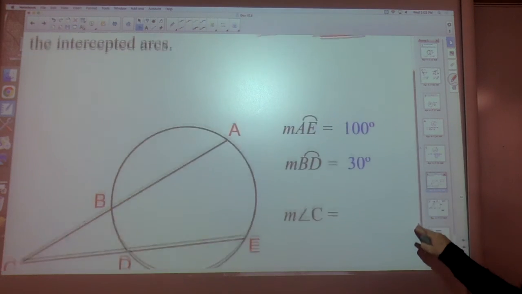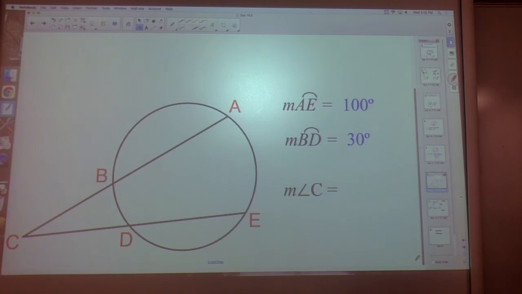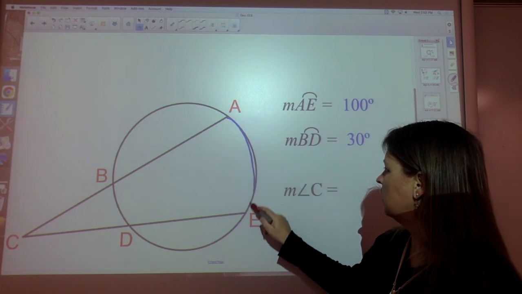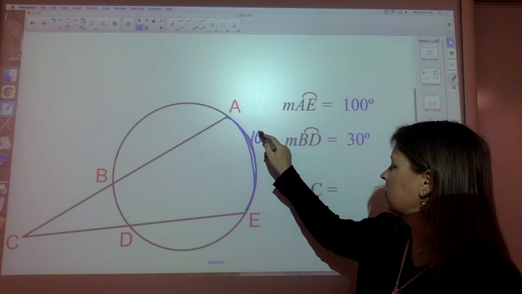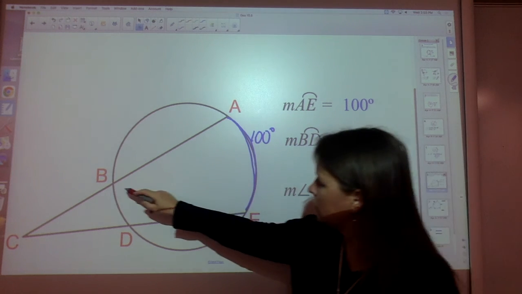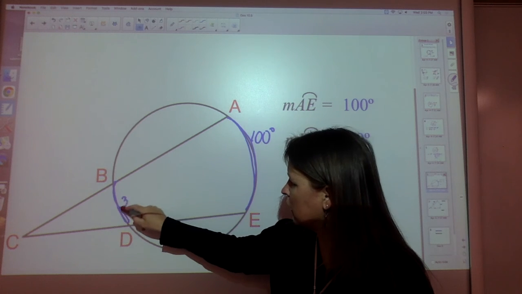So what does it look like when the two lines intersect outside of the circle, or in this case they're segments, but they're pieces of lines? If the two lines intersect outside of the circle, and they tell you that the measure of arc AE is 100 degrees, the measure of arc BD is 30 degrees.